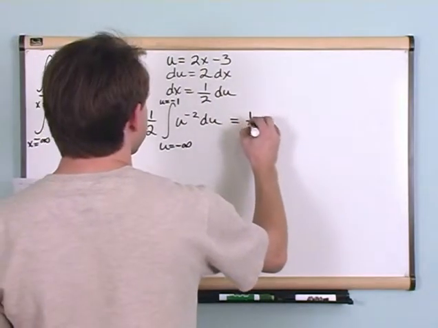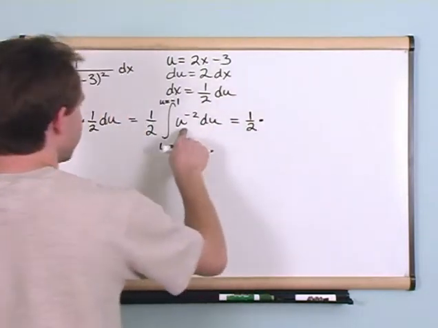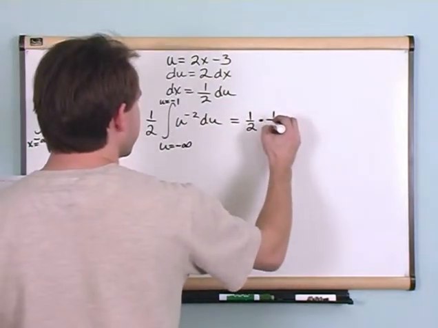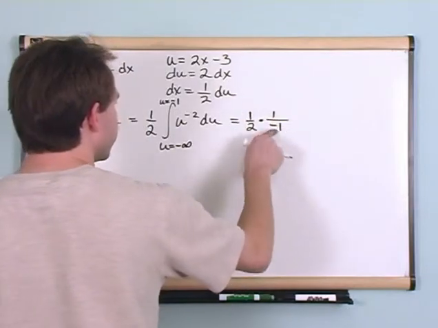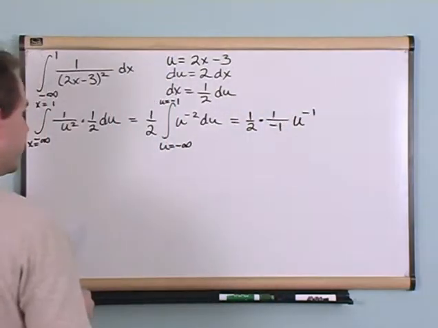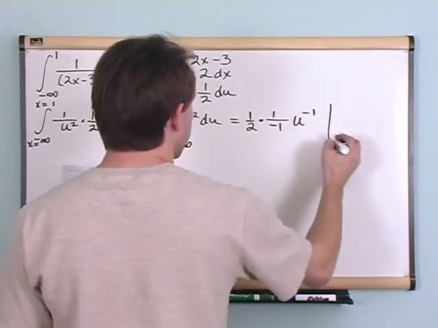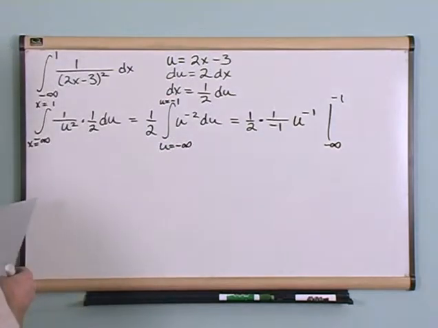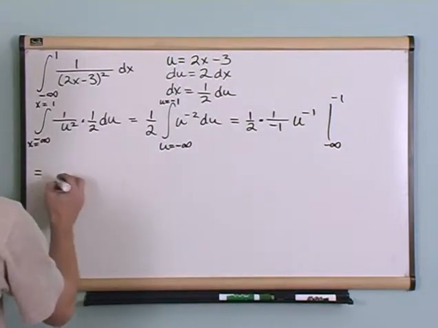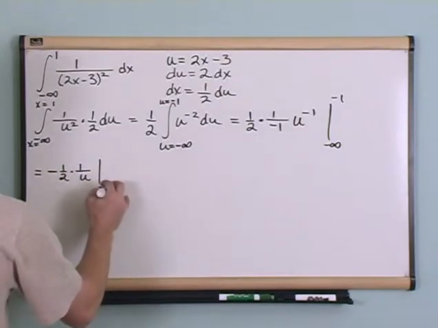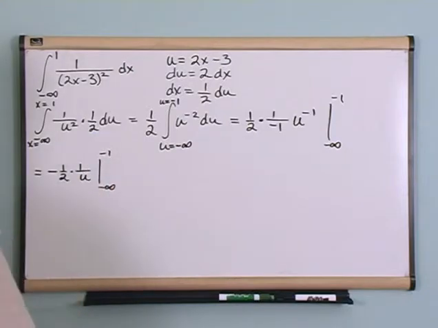So you have 1/2, and to pull this integration off, it's going to be 1 over exponent plus 1, which is negative 1. Negative 2 plus 1 is negative 1, times u to the negative 1, just like this, evaluated from minus infinity to minus 1. And so to simplify this, you'll have negative 1/2 times 1 over u evaluated from negative infinity to negative 1.